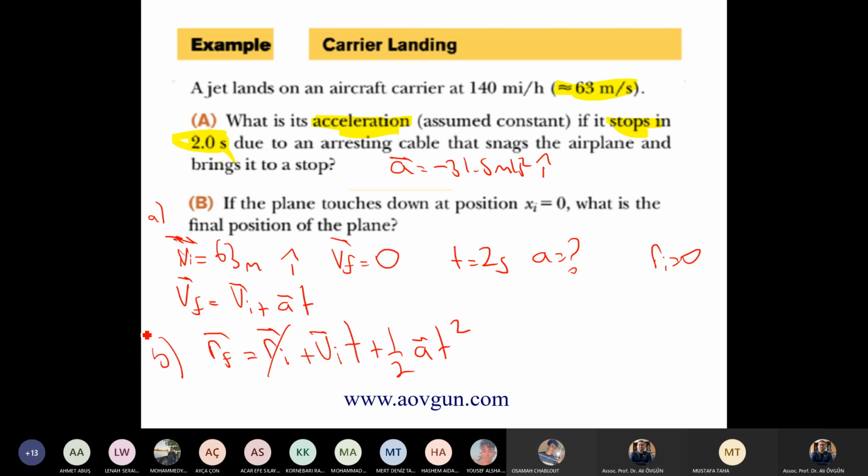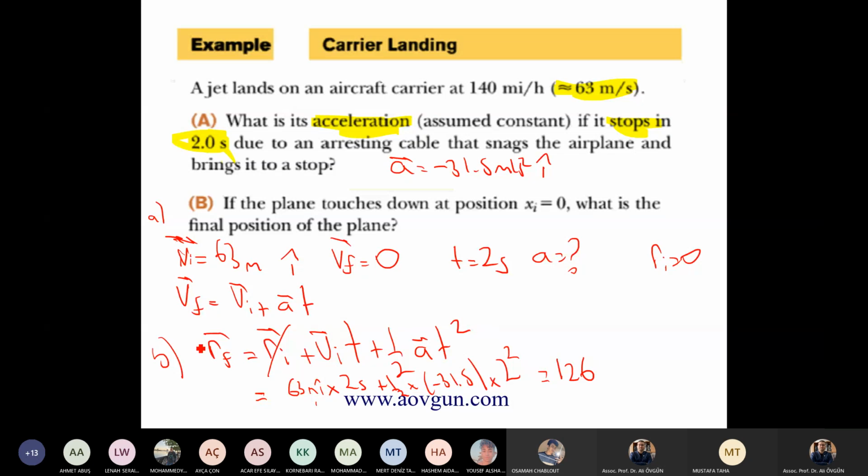So what is the V initial? 63 meters per second i hat times the time. What is T? T is 2 seconds, plus 1 over 2 times A. What is A? Minus 31.5. Times T squared, 2 squared. This square comes from the equation. So now let's calculate. 63 times 2 is 126.